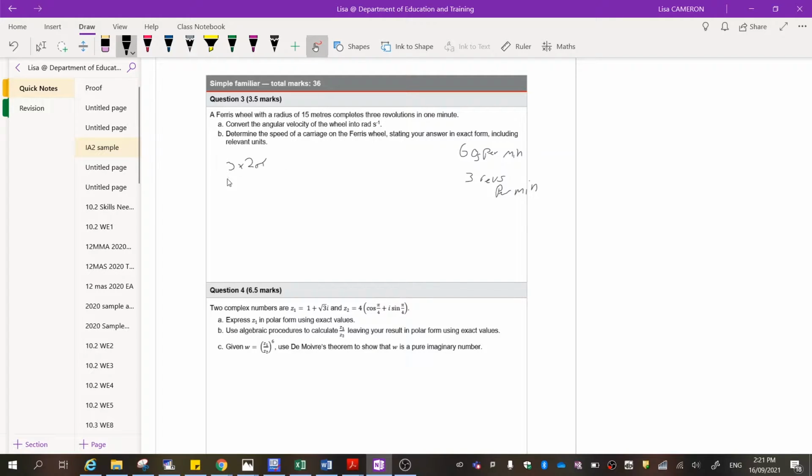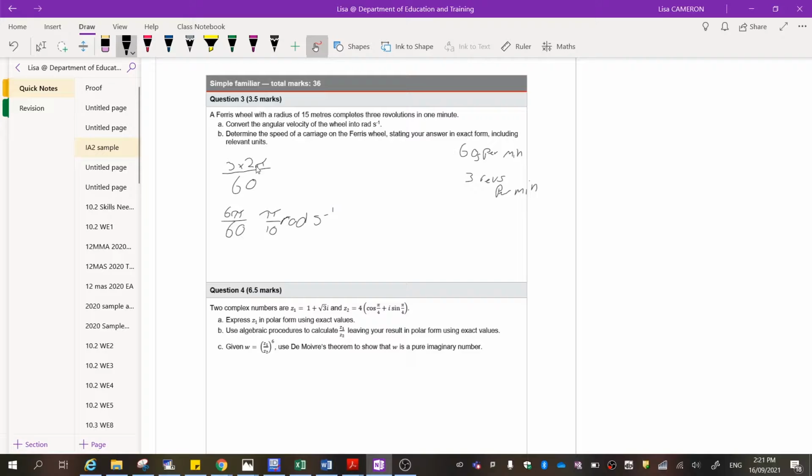Alright, so that's how much the distance is, and you want to divide it by 60 in order to turn it into seconds. So when you do that, that becomes 6 pi on 60, which you can then simplify down to pi on 10, and that is in radians per second.